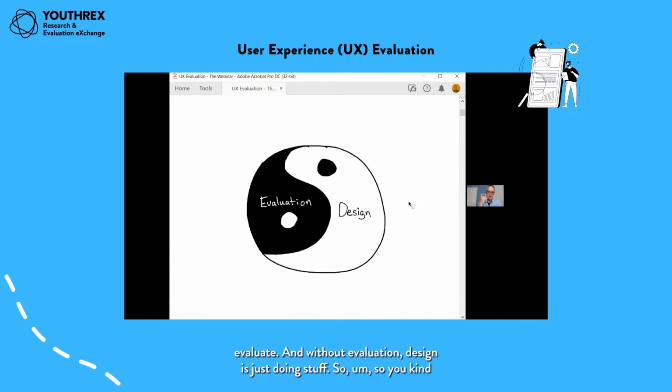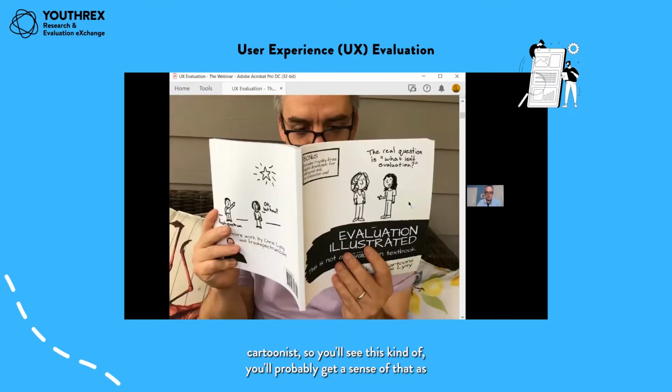And without evaluation, design is just doing stuff. So you kind of need both in order to create useful things and try to make things better. Otherwise, you're just doing a bunch of random stuff and hoping things work, not knowing if you're making things better or worse. I'm also a cartoonist.